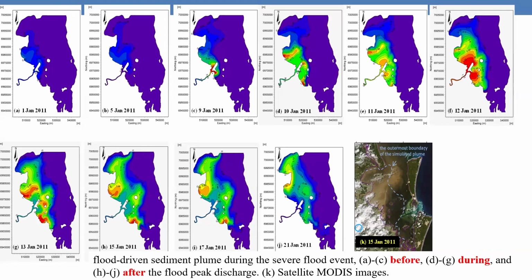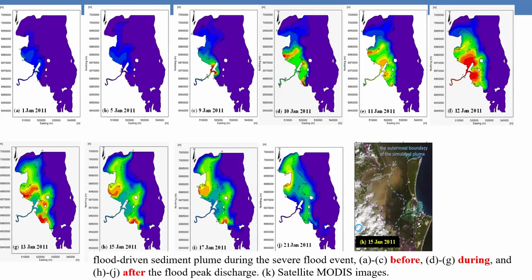And then gradually, the color is the sedimentation concentration. Then gradually it builds up, and you are able to see the buildup. So the model is able to capture all of that.